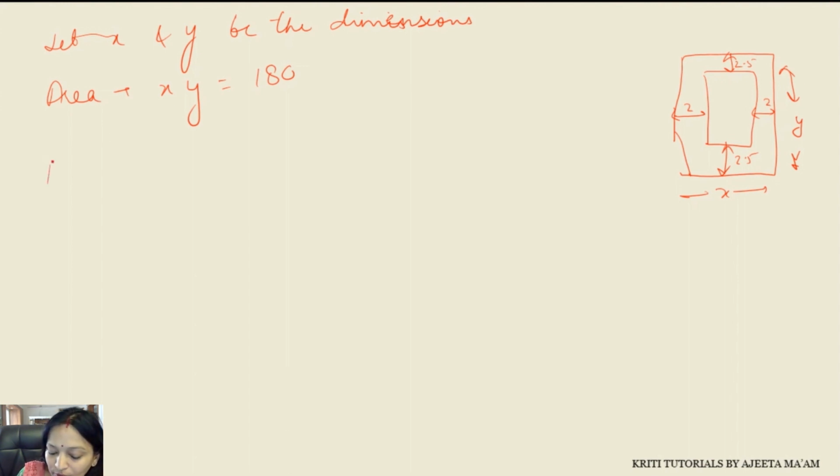Now printed area जो हमें निकालना है, so let's denote it by A, which is, now what's the dimension of the page? The dimension of the page will be x plus 5, okay, and then what will it be? Y plus 4.